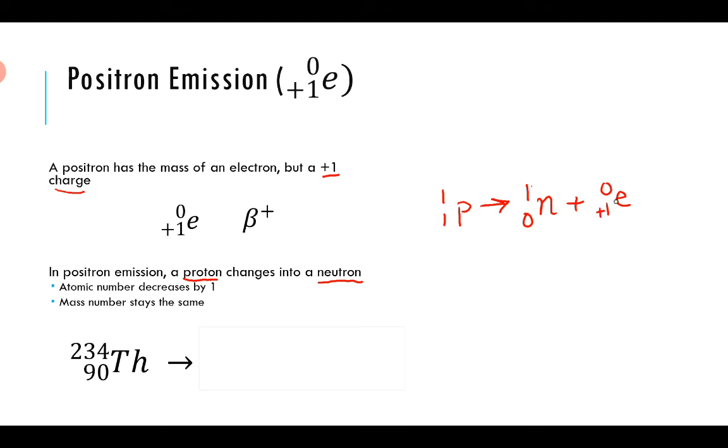And so we can write a positive 1 e, or we can write our symbol for beta with a positive charge to indicate that it's a positive beta symbol. I'm going to opt for the top option. So we have 0 and 1. You can use your beta positive, or you can choose your e.